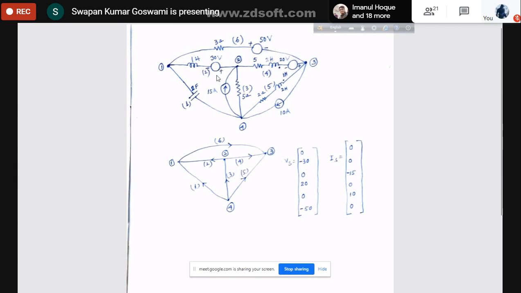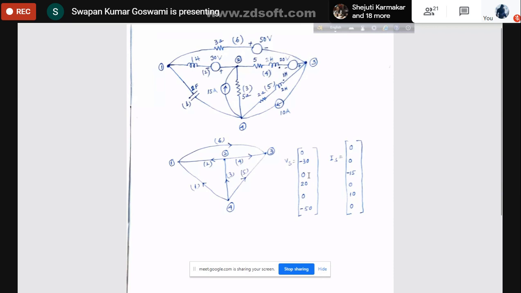Since the direction assigned to the graph is opposite to the direction of natural current flow, this source will be a negative source, so minus 30 volt. Element 3, this total combination is a current source, so no voltage source is there, it is 0.